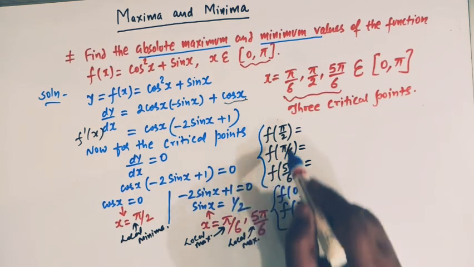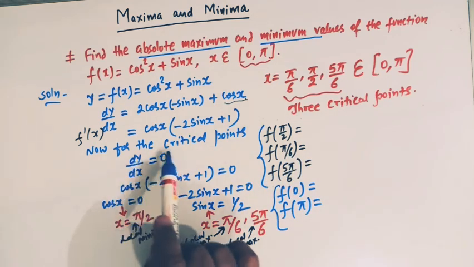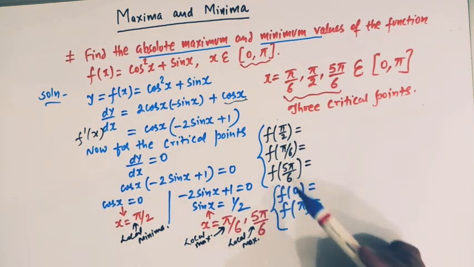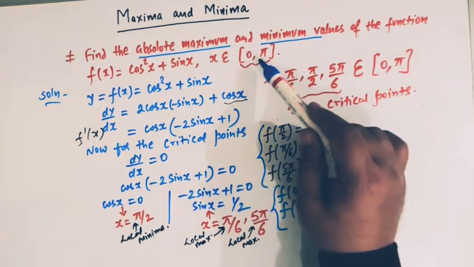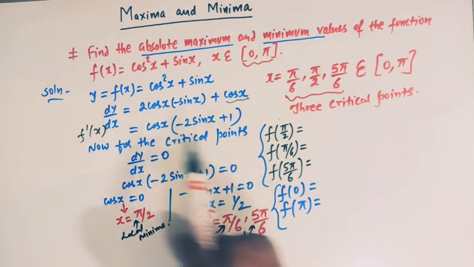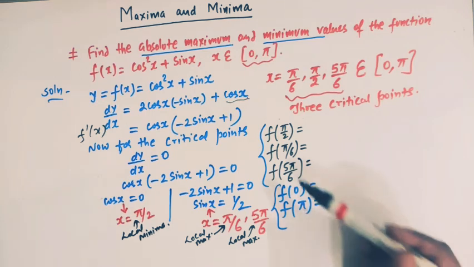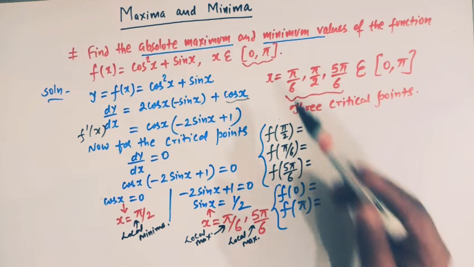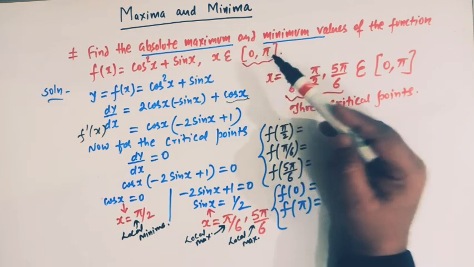These are the points which are obtained by equating the derivative equal to 0, so these are the critical points, and these two are given as the endpoints of the interval. So now we have to evaluate the value of the function at these 5 points, right? These 3 points are the critical points, and these 2 points are the endpoints of the interval from 0 to pi, right?